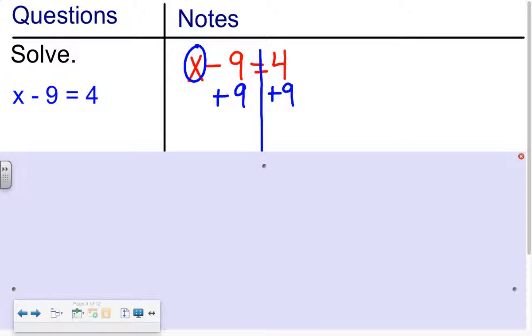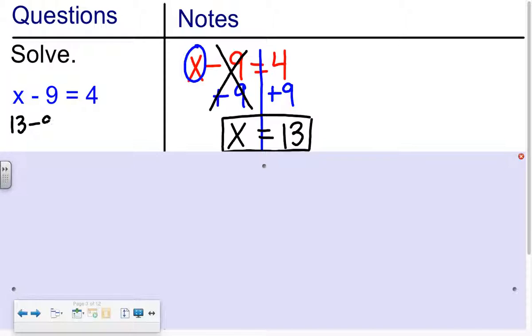Negative 9 and positive 9 make 0, so I'll x those out. x equals 4 plus 9, which is 13. If I wanted to go back and check, 13 minus 9 equals 4. 4 does equal 4, so that is correct.